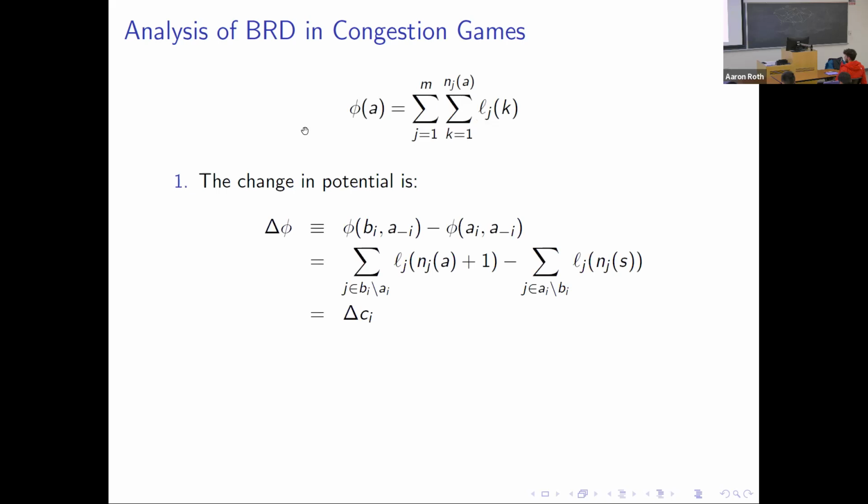Now we're looking at this single potential function. When any player i changes their action, whoever player i happens to be, the change in potential is equal to the change in player i's cost, and this is negative if player i was the one who changed their action. So now we have a single number that is decreasing at every round when different players change their actions. This is what we need to argue that we don't get ourselves into cycles. Make sense?